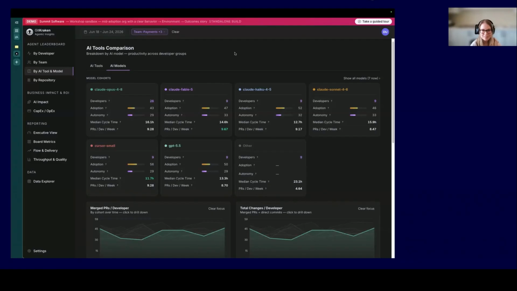And we're like, oh, that's interesting. It turned out that all of those developers, even though they were on different teams, were in the same geolocation, and there was this default setting on Claude to fall back to this cheaper model. And yeah, we just discovered this through this tool.